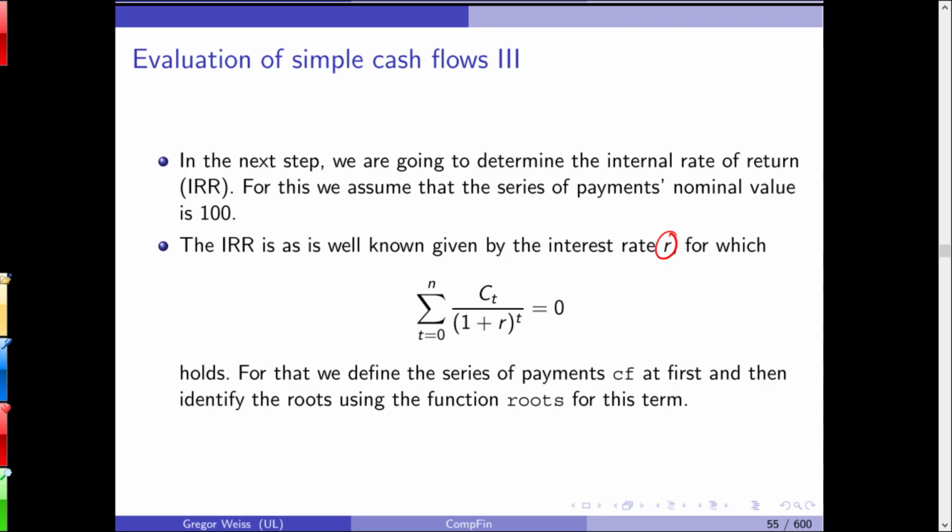So that's the present value here. And if you have a present value of 0, the interest rate with which you are discounting is the internal rate of return. So we define the internal rate of return in this way, and we are now trying to find the internal rate of return of this bond, more or less.